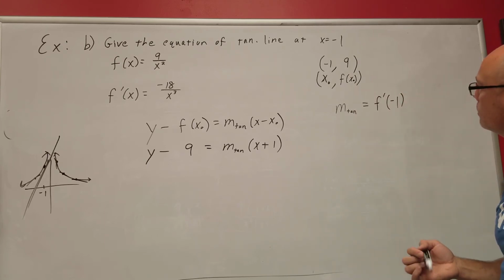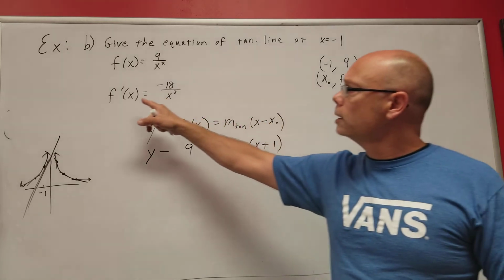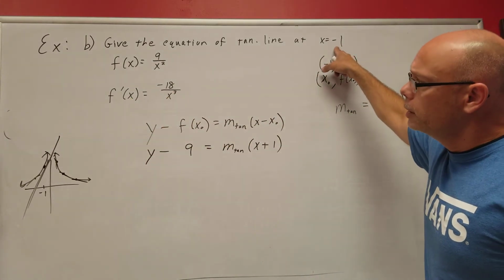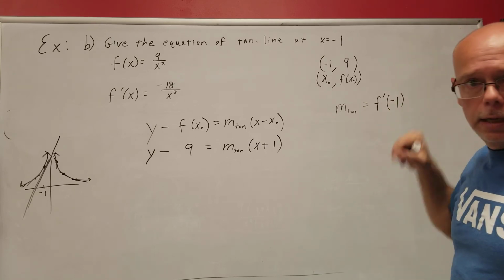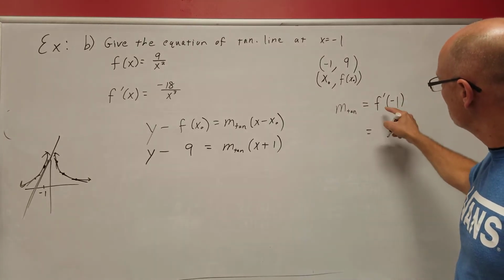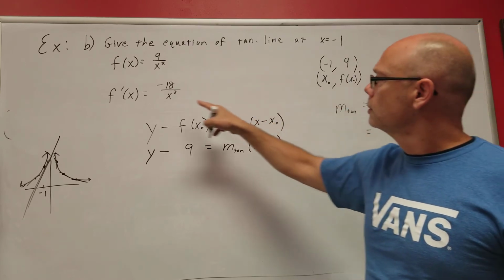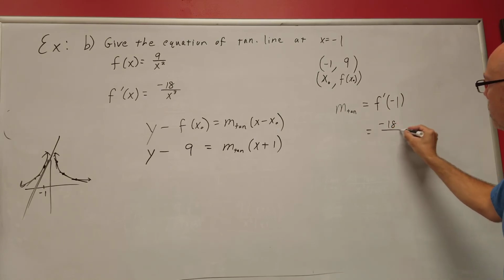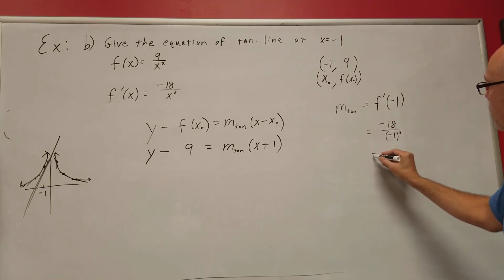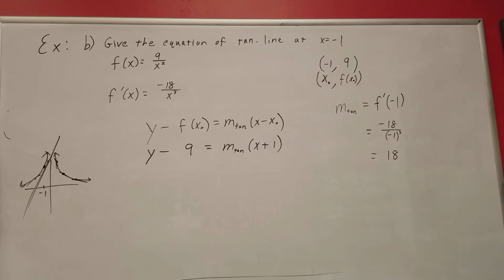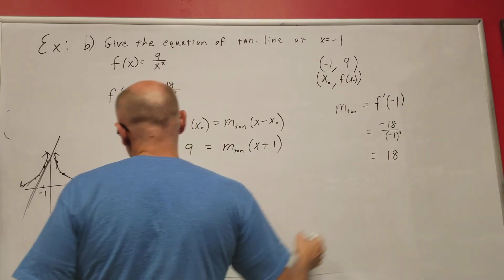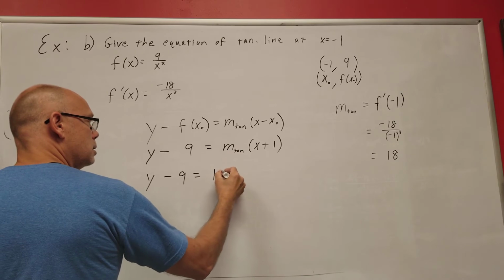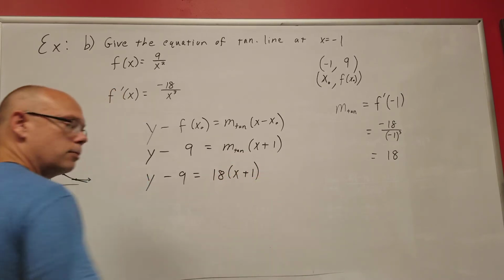Let me go over that again. f prime of x is the slope of all the tangent lines, right? I want f prime at -1 to give me the slope of the tangent line at -1. So take f prime, evaluate it at -1. Here's f prime; you're going to sub in -1 there for x. -18 over (-1) cubed. And what does that give you? Positive 18. So m tan is 18. So y minus 9 is equal to 18 times (x + 1).